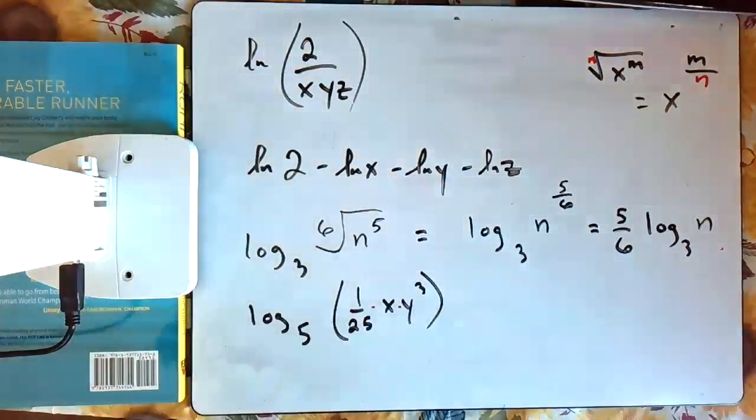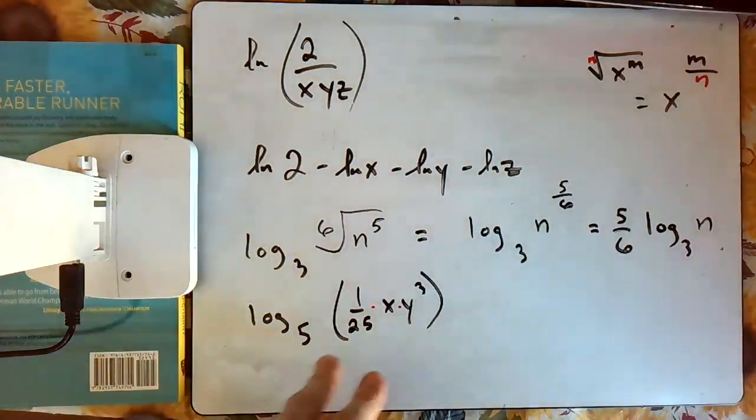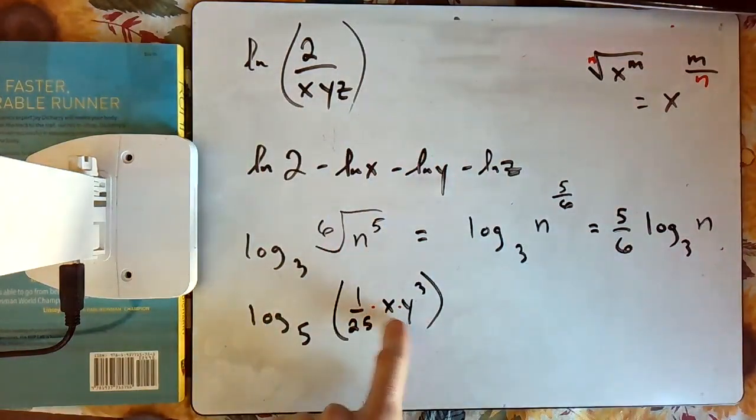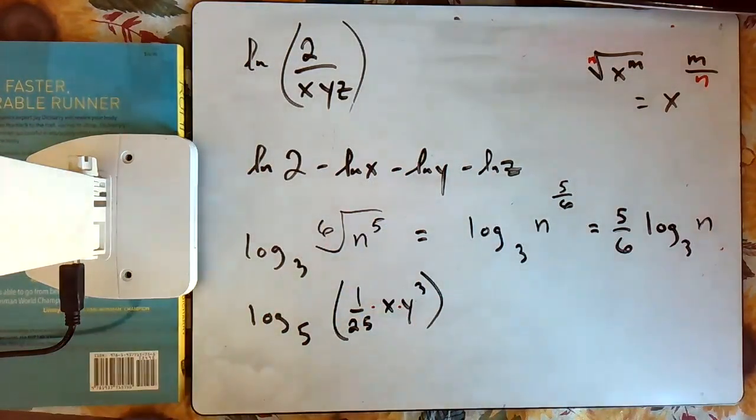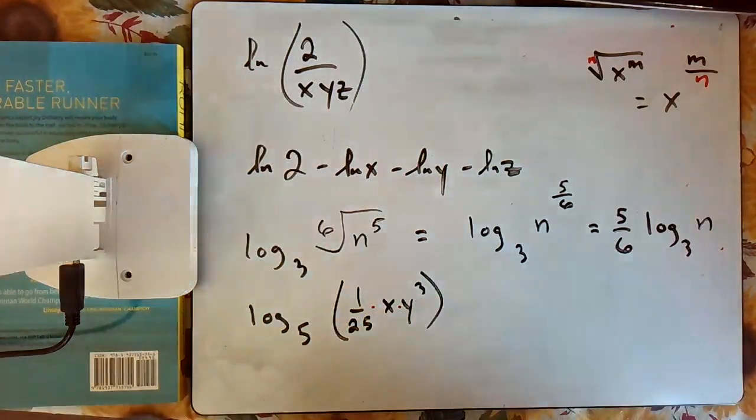So multiple things going on, right? We have actually 2 rules right here. What are they? Well, we're multiplying. So we have the product rule. We also have an exponent. So we also have the power rule. So we have 2 out of the 3 rules.